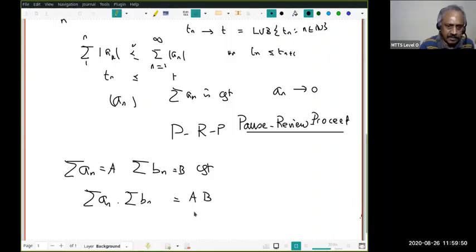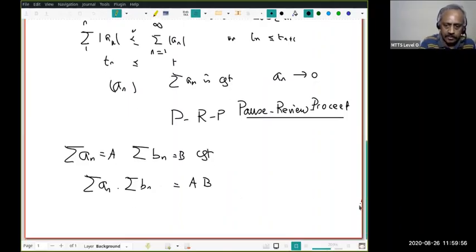You understand? A very naive attempt may be to define the product of these two series as the sum of a_n b_n, n equal to 1 to infinity. But this is not good. Why?